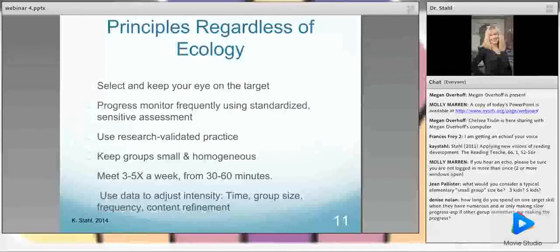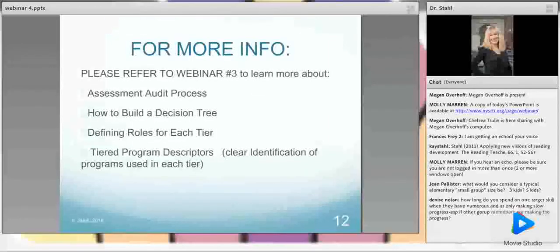The frequency, instead of meeting 3 times a week, meeting 5 times a week, and content refinement. Perhaps you're finding that what you're teaching is too broad. How can you narrow it to make it more explicit and to make that target smaller so that you're more likely to hit the child's instructional academic target?